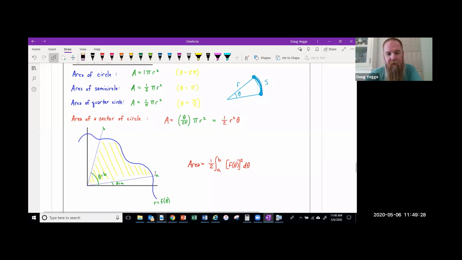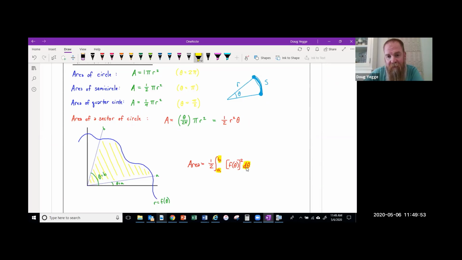So let's just say that I'm turning through from theta equals A to theta equals B. So I'm first of all going to be integrating from A to B. But because these are theta values, I know that I'm going to be integrating with respect to theta. So I could see that if this right here is a theta value, and that's a theta value, then I better be integrating d theta.